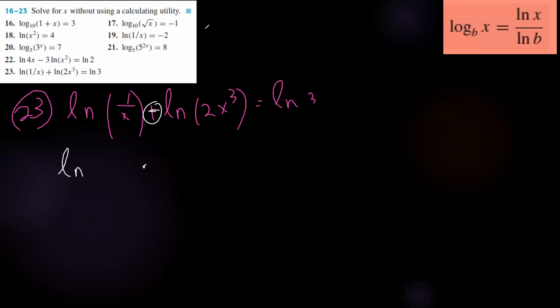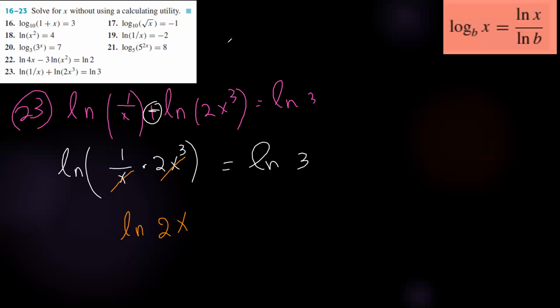So ln of 1 over x times 2x cubed is ln of 3. Then x cancels x, so we have ln of 2x squared equals ln of 3.